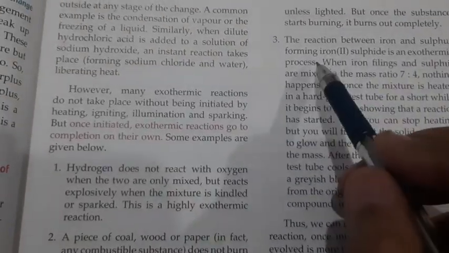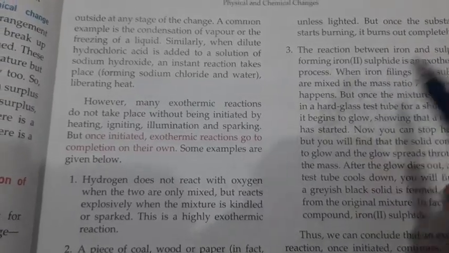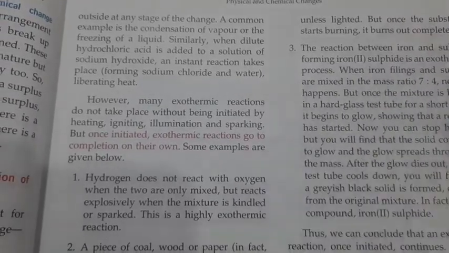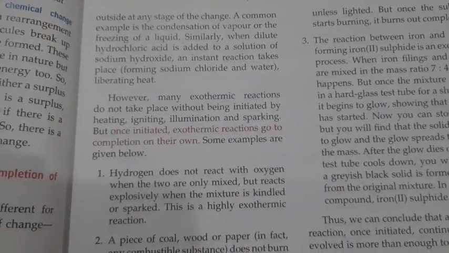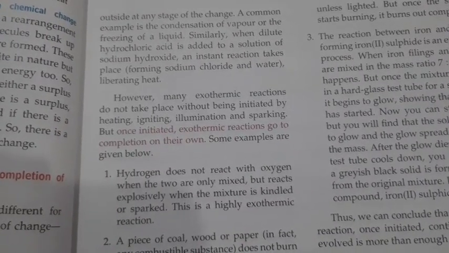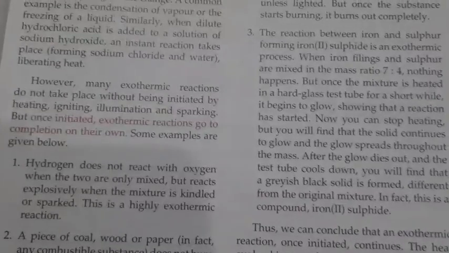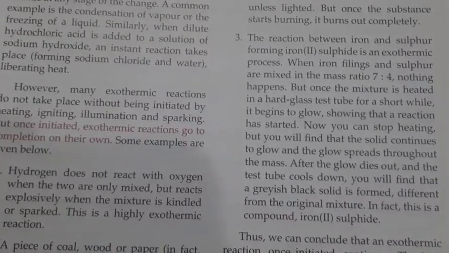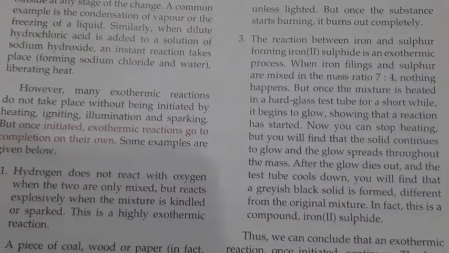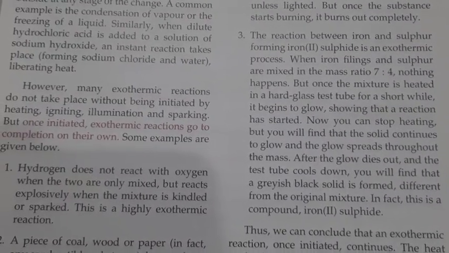Iron filings mixed with sulfur is an exothermic reaction. Once you start heating it, the mixture automatically gets heated, right? And they both mix together. This is also an exothermic reaction, because if you stop heating, you will find the solid continues to glow throughout the mass.